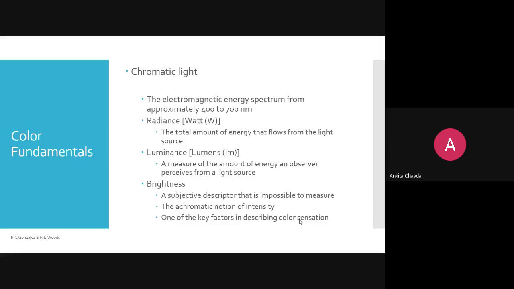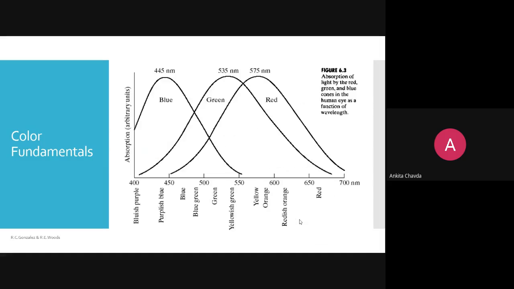We also say bright pink, light pink. Even within the pink shade we have different notations, whether it is dull pink, bright pink, baby pink, or simple pink. That is a subjective descriptor of how you describe that color.